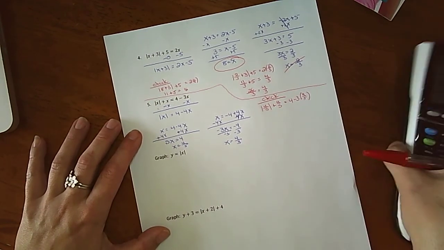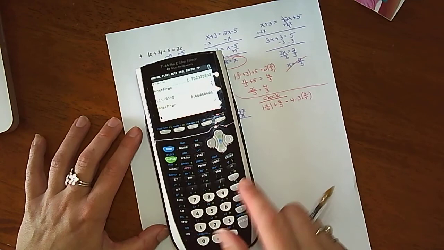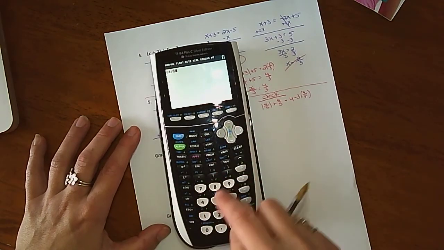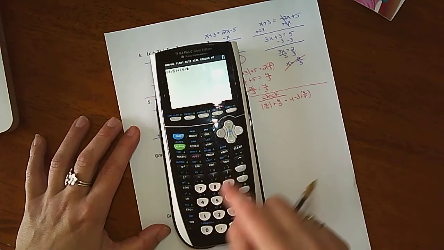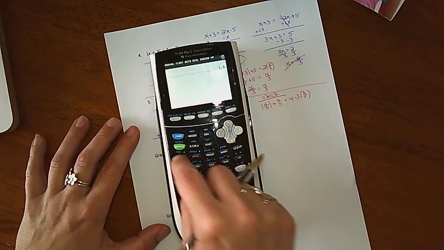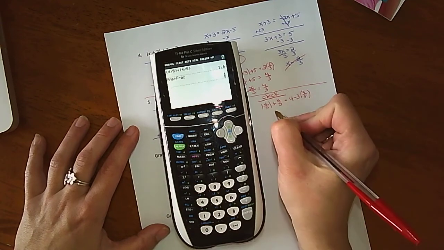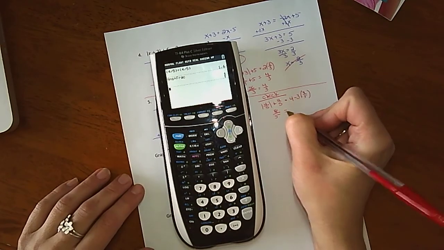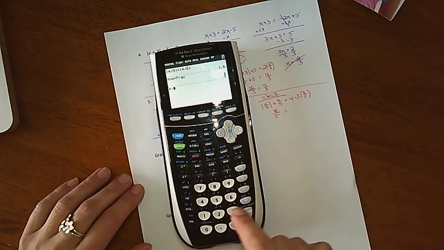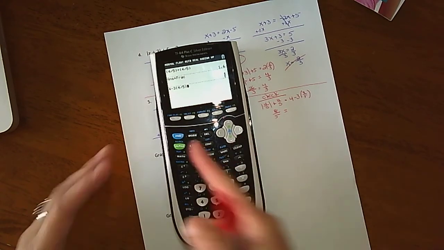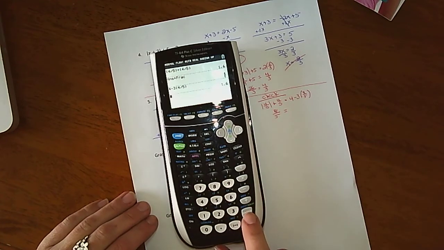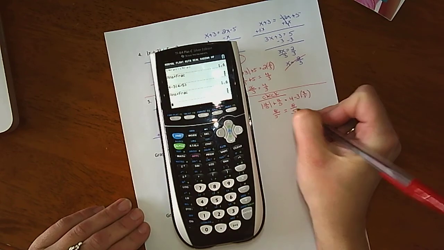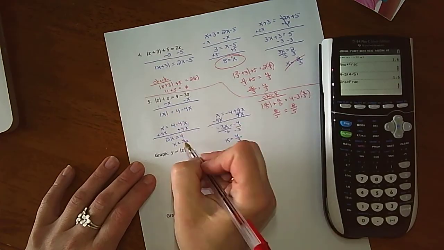Let's put that in our calculator. 4/5 plus 4/5, math, enter, enter, is 8/5, which a lot of you probably could have done without your calculator. Then we'll do 4 minus 3. Look, I'm typing in exactly what I see. Math, enter, enter. Look, 8/5. That worked. So I'm going to circle 4/5.